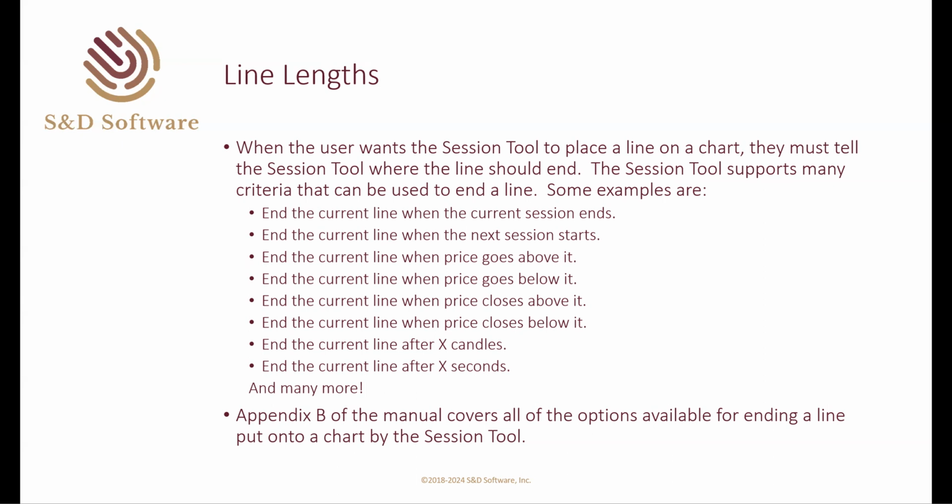There is an entire list of all the different options you have for telling the session tool where a line should end. Those are listed in Appendix B of the manual. And again, you'll see there's quite a few different things there. A lot of them are variations on a theme. Like there's a lot that'll be time-based, but there's a lot of different ways to do it. So you can choose the one that's most appropriate for whatever it is you're trying to do.